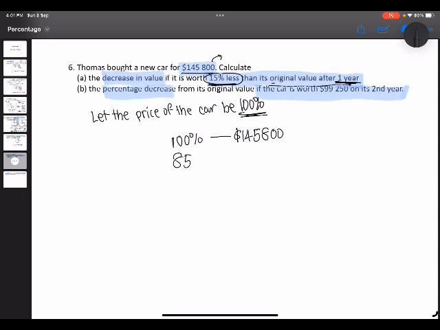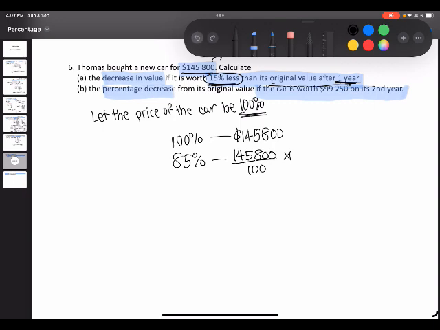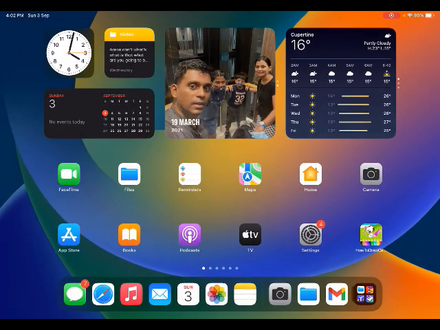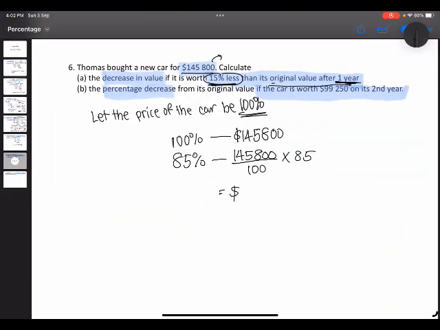So in order to find the 85%, use the proportion method, which is $145,800 over 100% times 85%, which gives a value of $123,930.